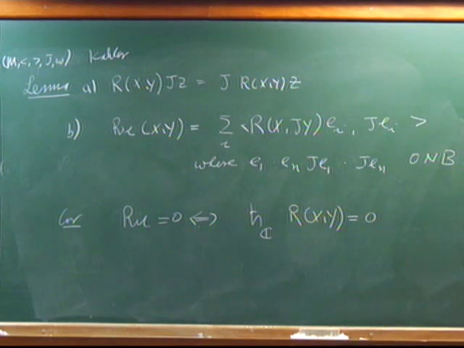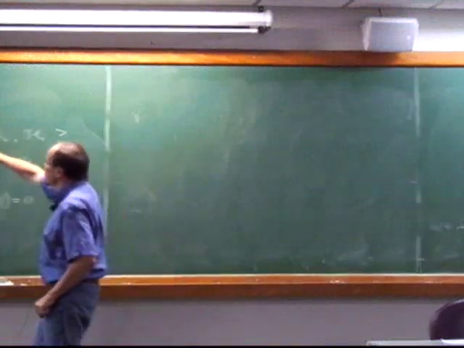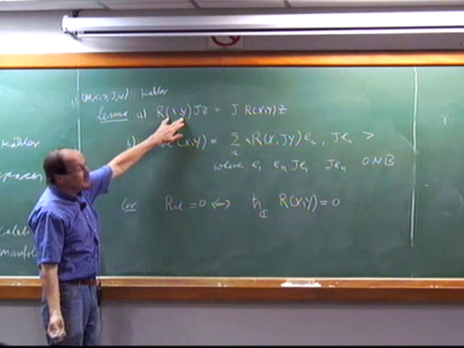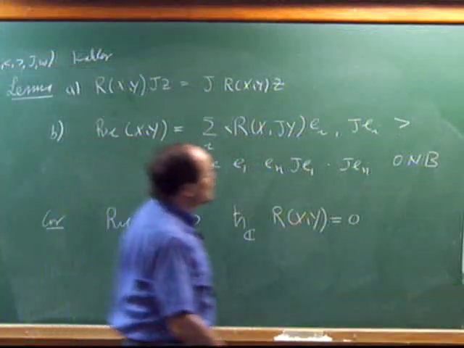So what is Ricci? Okay. First, this condition right here, what does it say? It says that R(X,Y) is complex linear. That's what it says.